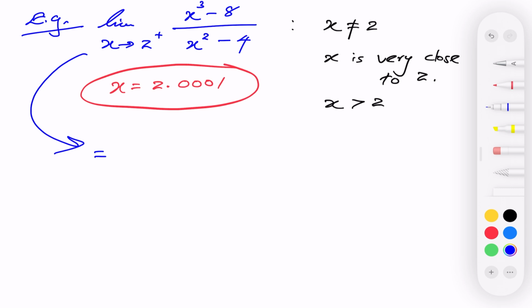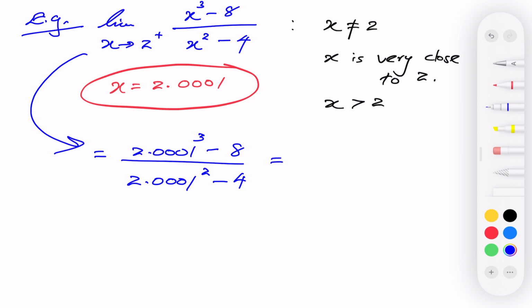We can use a calculator and see what we get when we replace x with 2.0001 in that given function. On the numerator, I will have 2.0001 cubed minus 8. In the bottom, I will have 2.0001 squared minus 4. All right, directly use a calculator and do this simplification. A quick hint, you may simplify the numerator and denominator separately and divide those two. However, if you would like to do the calculation in one shot, please make sure to use parentheses correctly.